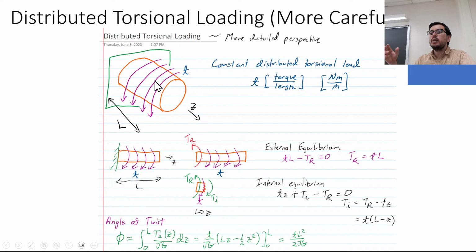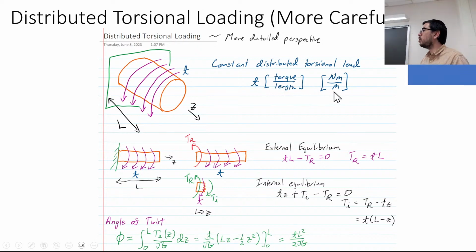Imagine Jumbo the elephant's trunk holding this rod and applying this nice distributed force, distributed torque, along it. Remember, what are the units of distributed force? Newtons per meter. So what are the units for distributed torque?